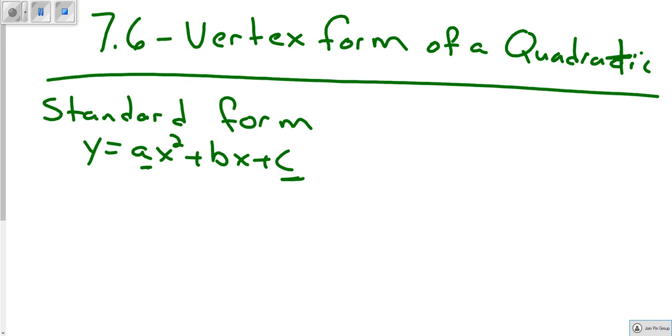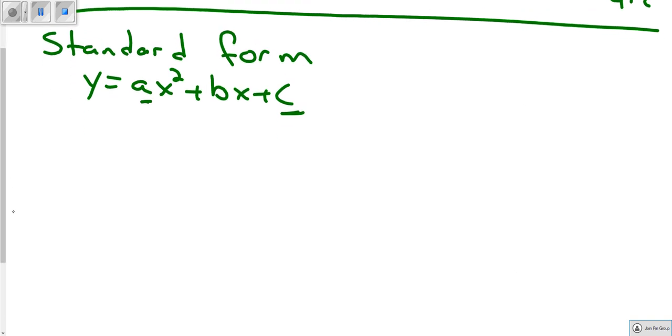But there's also a form that will actually tell you where the vertex is, okay? And that is this guy here, vertex form.